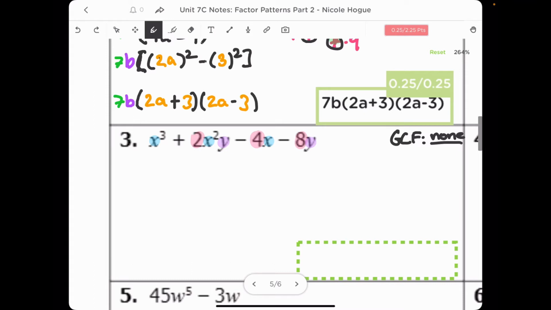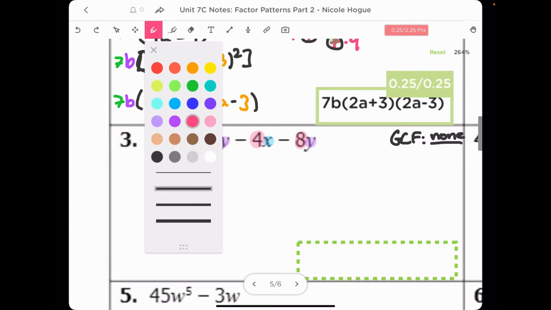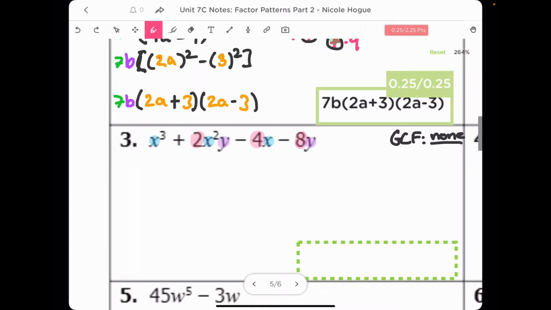But since we have 4 terms, we may be able to factor this by grouping. So I'm going to group the first 2 and then the second 2, making sure we have the plus sign in the middle. I need to find the GCF of x to the third and 2x squared y.